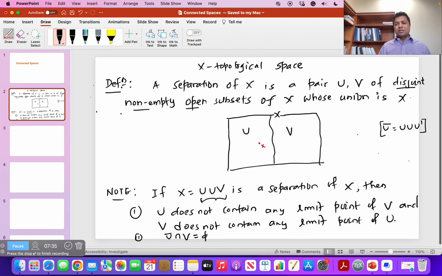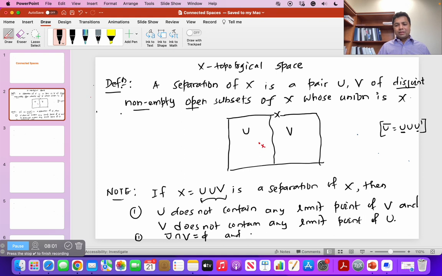This is because we already know U and V are disjoint sets, so their intersection is going to be empty. And U prime, which is the set of limit points of U, since V does not contain a limit point of U, so U prime intersection V is also empty. That's why U closure intersection V is empty.